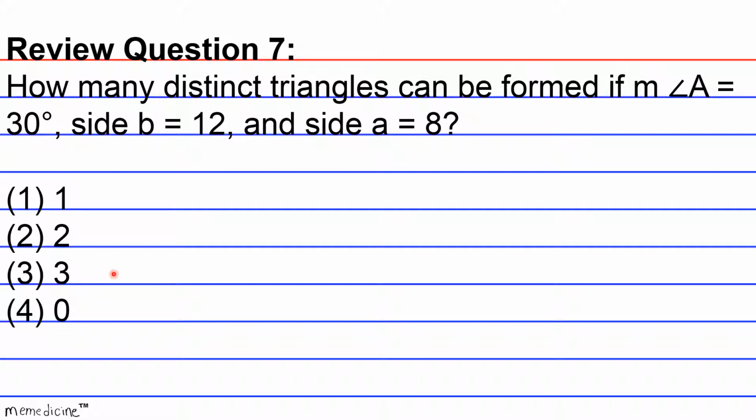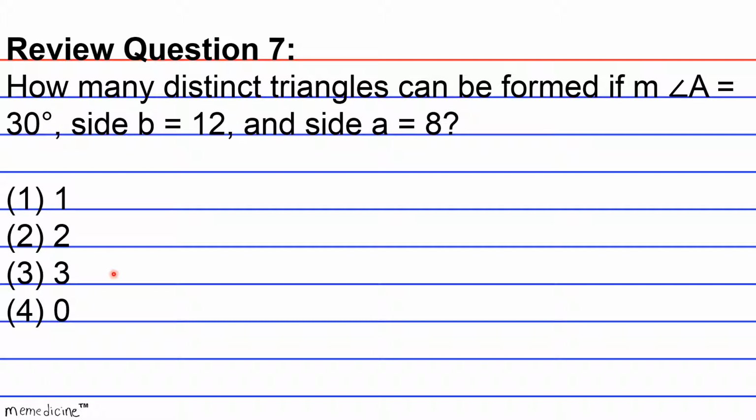Definitely press pause and take a moment to figure out your solution. All right, hopefully by now you are able to arrive at a solution, and if not, that's totally fine. Let's work through this together.